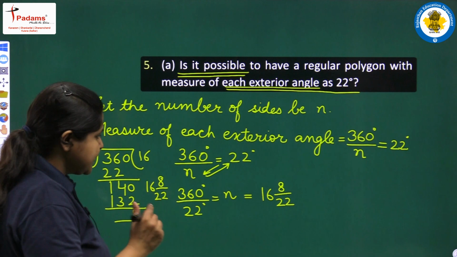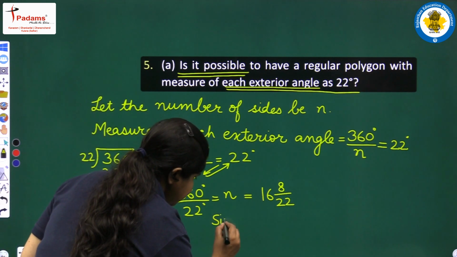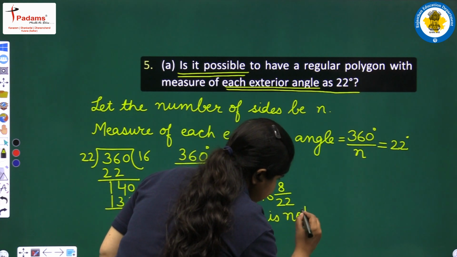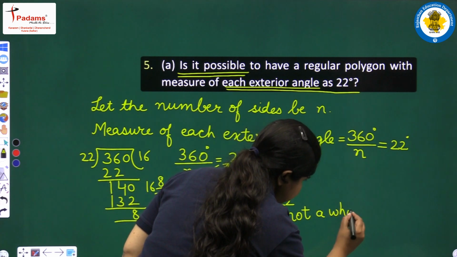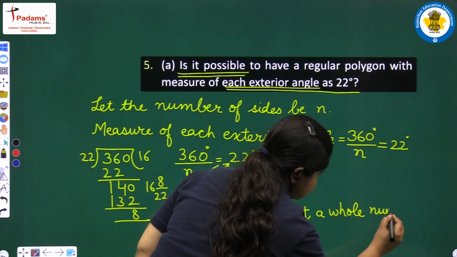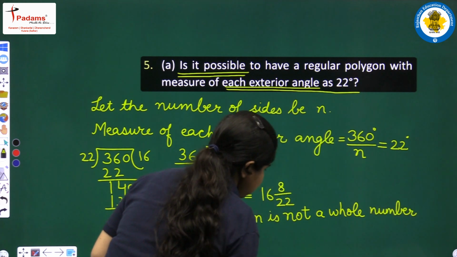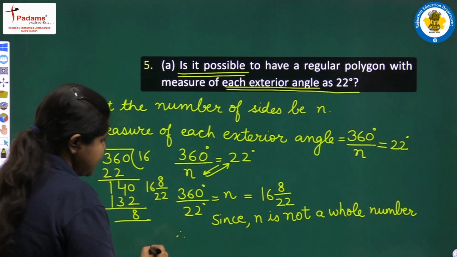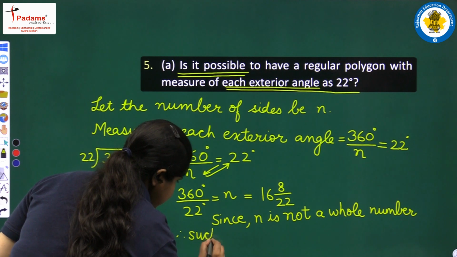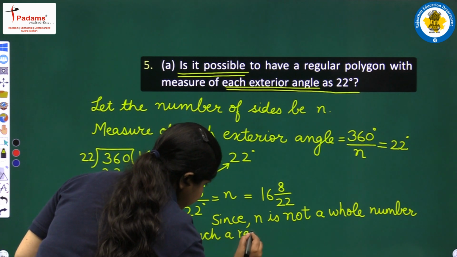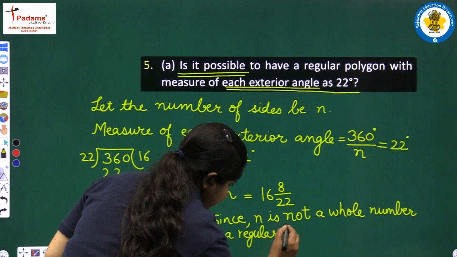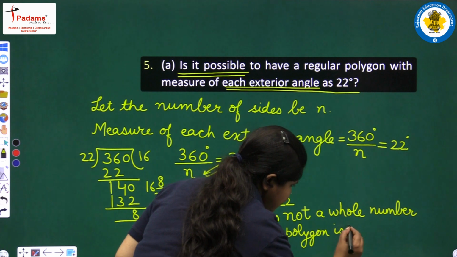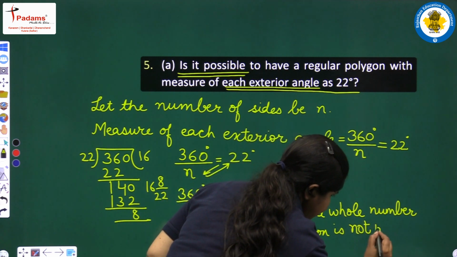So, since n is not a whole number, therefore, such a regular polygon is not possible.